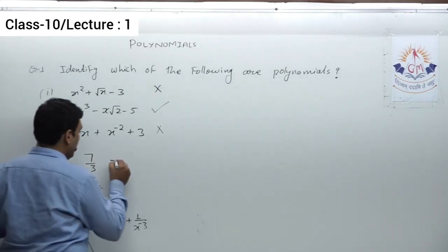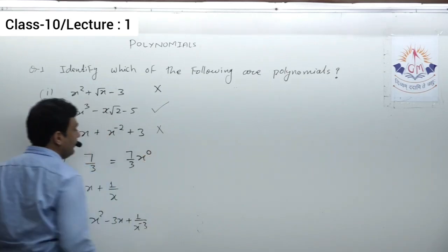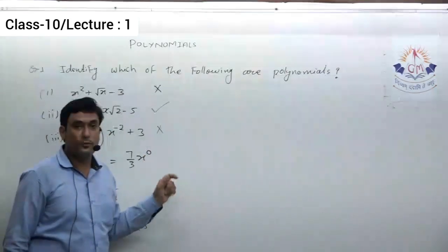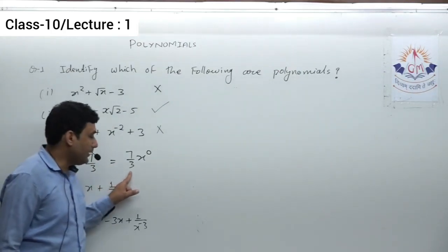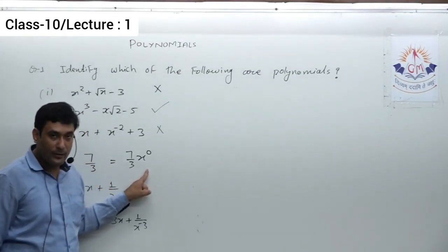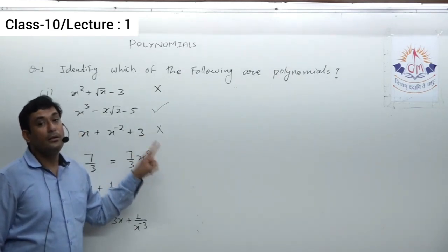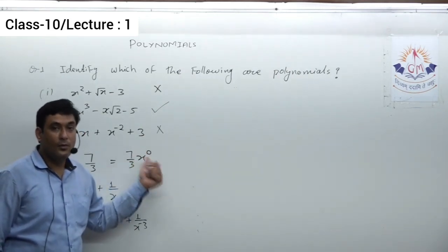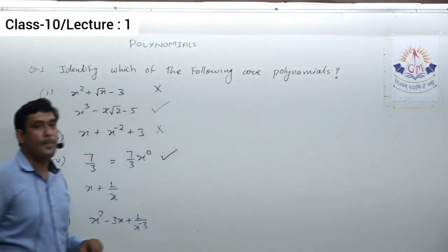See, 7 by 3, I can write as 7 by 3 x raised to 0, because we know x raised to 0 equals 1. So here this is 7 by 3 x raised to 0. So the variable is definitely there. Now check the power of the variable. It is 0, which is a non-negative integer, a whole number. So this is again a polynomial.